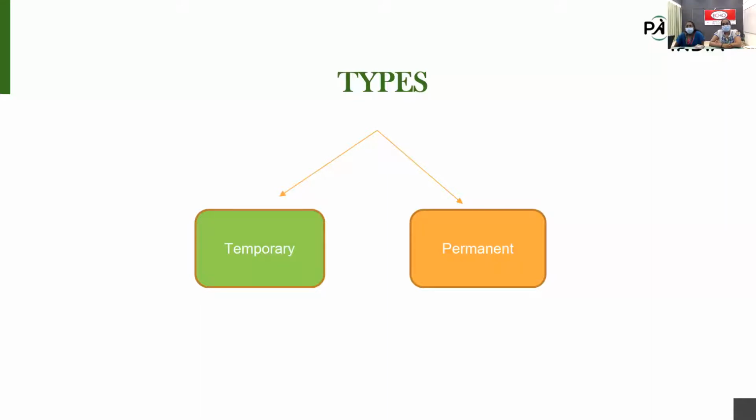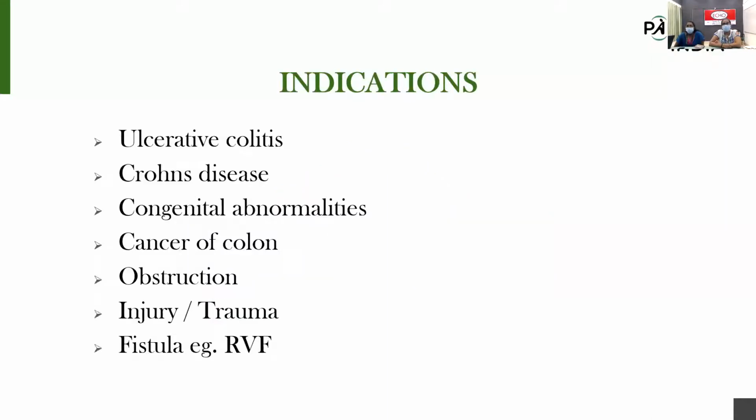Next. The main indications for colostomy are ulcerative colitis and Crohn's disease. If there are any congenital abnormalities, the doctors might do a colostomy. If there is a cancer in the colon, we go for colostomy. If there is an obstruction, we do a colostomy.